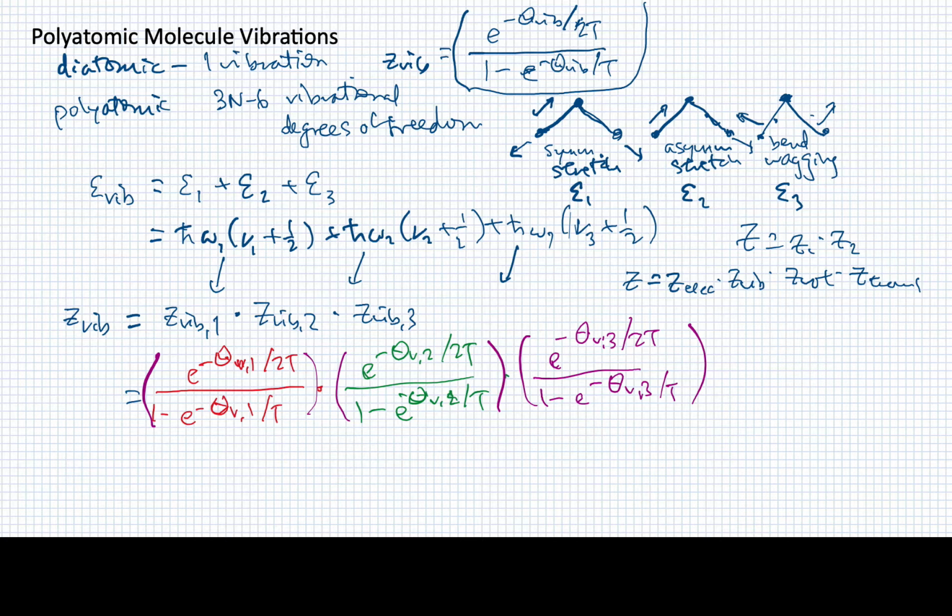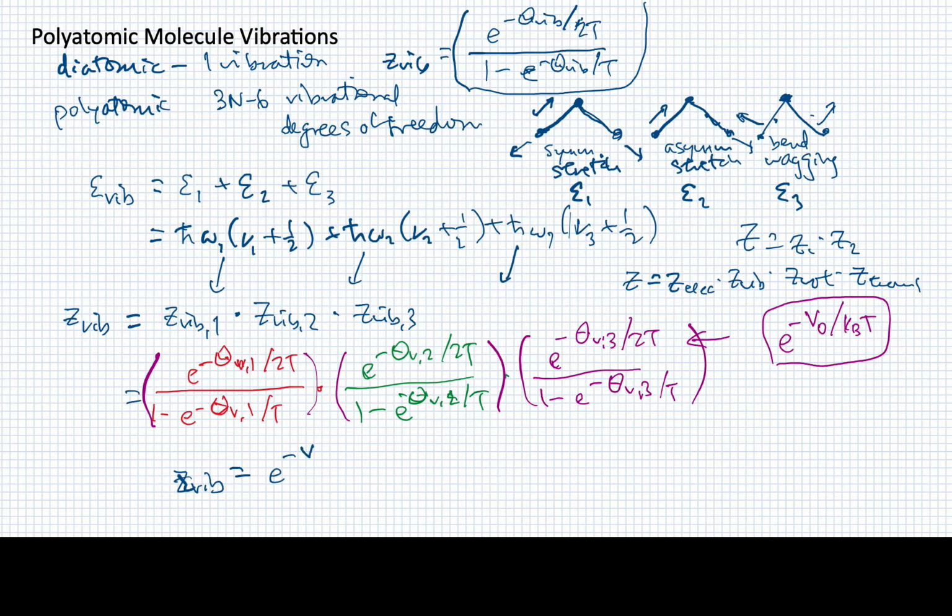Now, one of the things I'll point out is that the numerators here all come from the lowest vibrational energy state, and none of them basically is energy that can be used elsewhere. So I could combine all of those together and say that they basically represent something I'll call V0 over kT. All right, so this might be a prefactor that we would put on our set of harmonic oscillator partition functions, and using this I could then write a general vibrational partition function that would look like this.